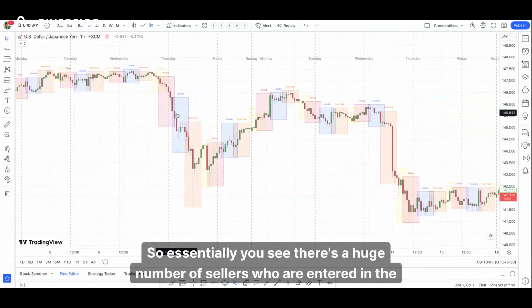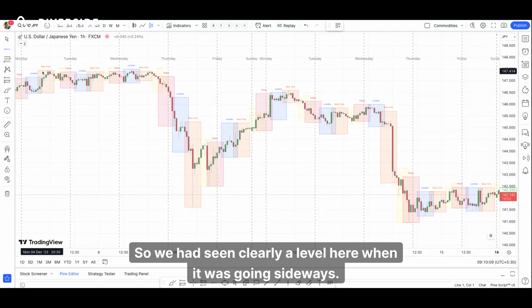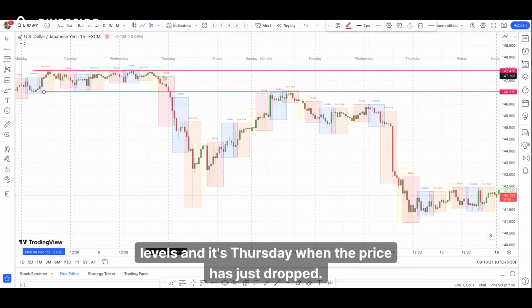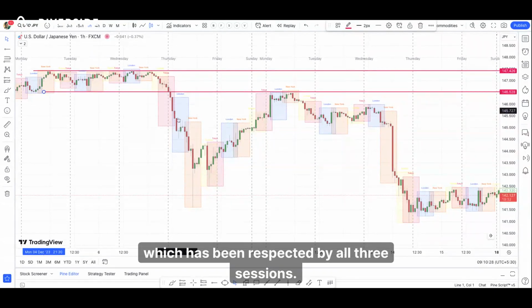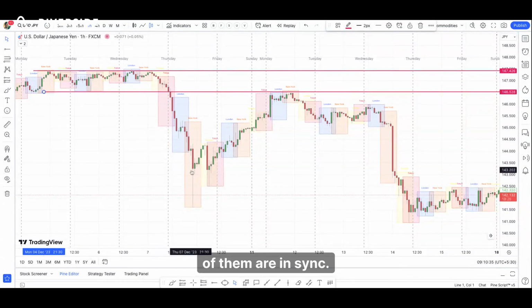So essentially, there's a huge number of sellers who have entered the market right now. We had clearly seen levels here when it was going sideways. Those are the important levels because price got contained between them, and it's Thursday when the price just dropped, which has been respected by all three of the most important sessions of the day: Asian, London, and New York, all in sync.